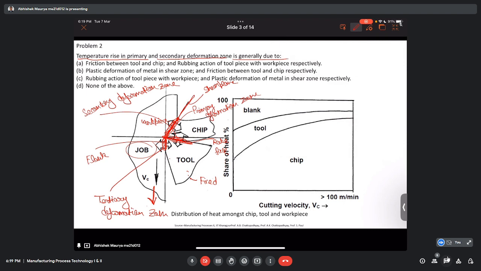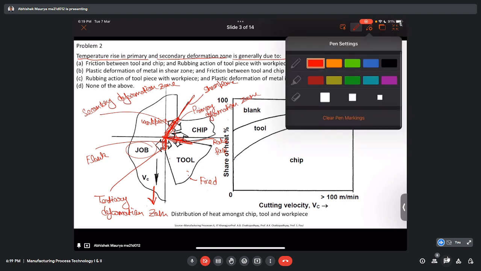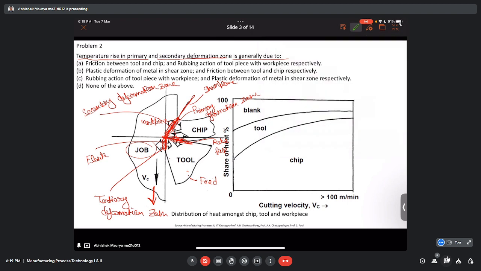For the primary deformation zone, the bigger arrow is pointing towards the chip and the smaller arrow is pointing towards the workpiece.